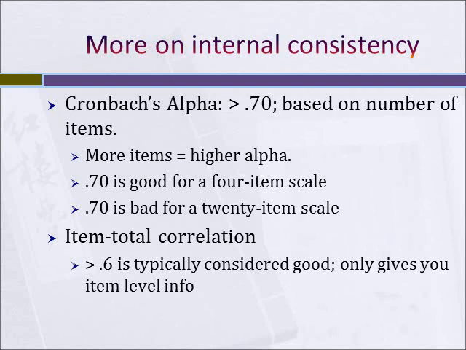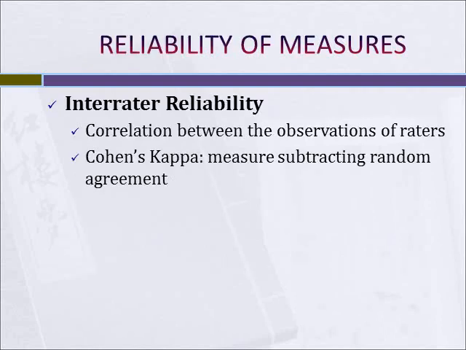Now just remember that when you're doing an item total correlation, it only tells you how that one particular item correlates with the total scale. So you have to make sure that you look at the item total correlation for each individual item. And if you end up adding or dropping items, you'll have to recalculate item total correlations because, of course, the total is going to change and you have to look at it again and again.